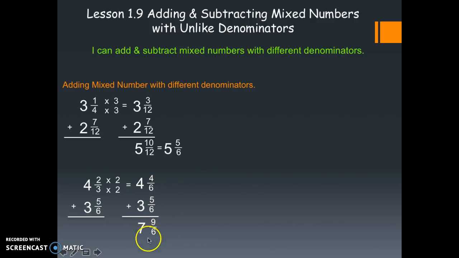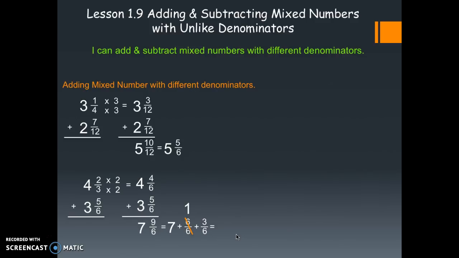Now right here, I have a fraction that is greater than 1. So I need to do something about that. When we had this earlier this year, we learned that 9/6 can be changed into 6/6 with 3/6 left over, and then that 6/6 equals the same as 1.